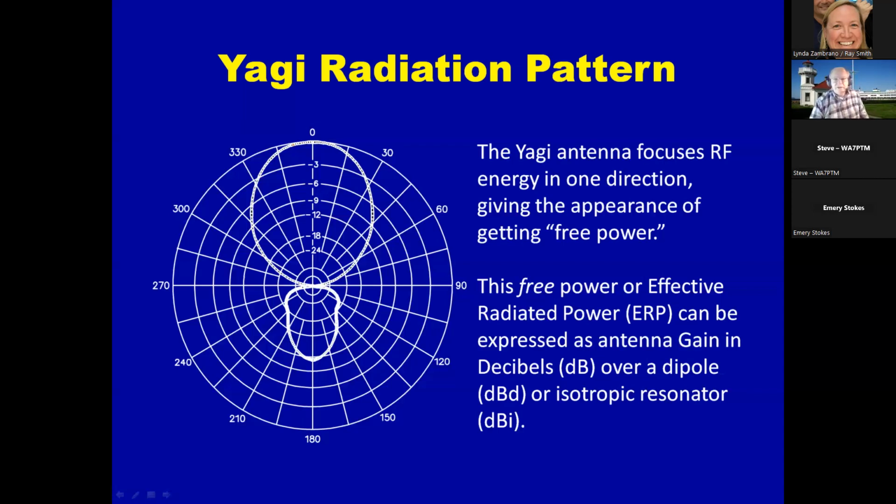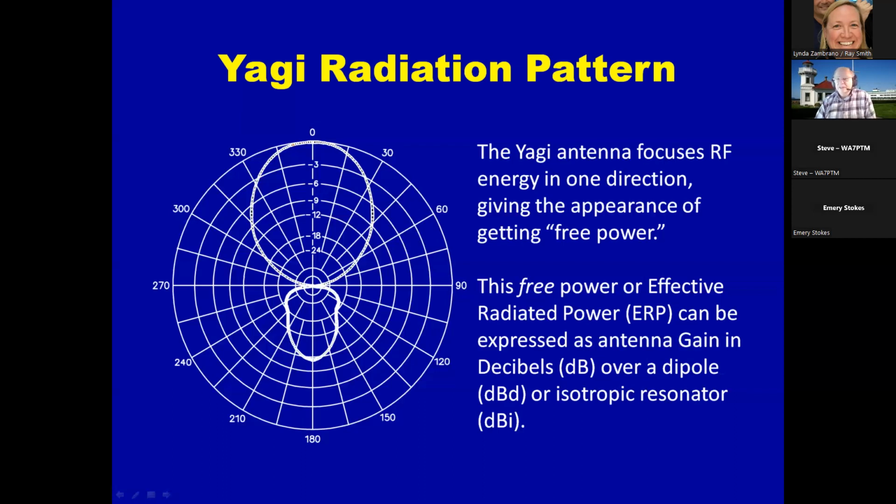You also see dBd, decibels related to a dipole antenna, in which case what they're saying is in relation to what an actual dipole is. So the difference is about 2.15 dB.